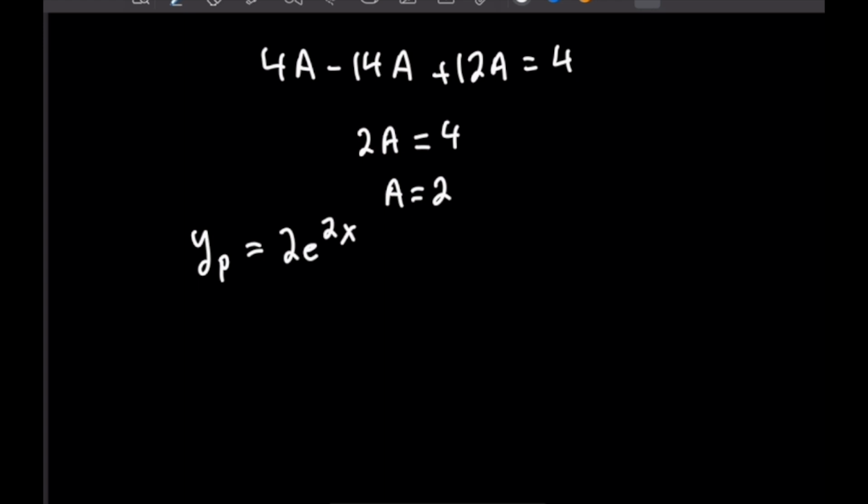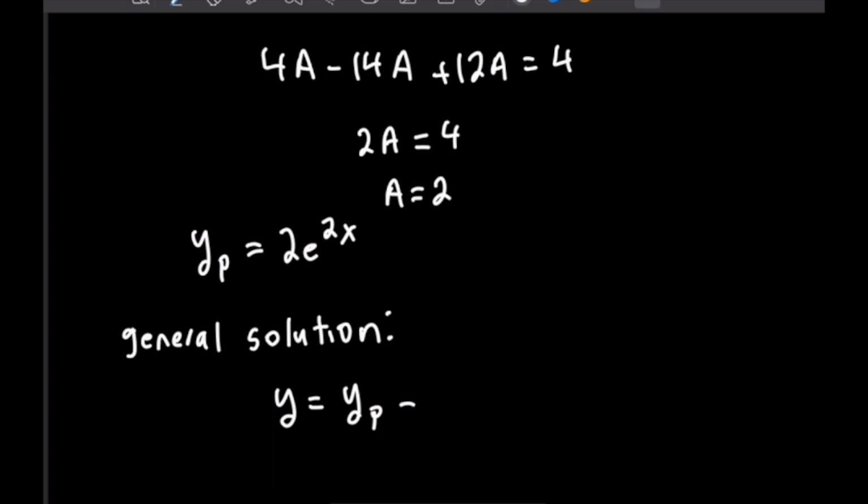Now, our general solution for these types of equations is going to be y is equal to y sub p, our particular solution, plus c sub 1 times y sub 1 plus c sub 2 times y sub 2, where y sub 1 and y sub 2 are the roots to the corresponding homogeneous equation.